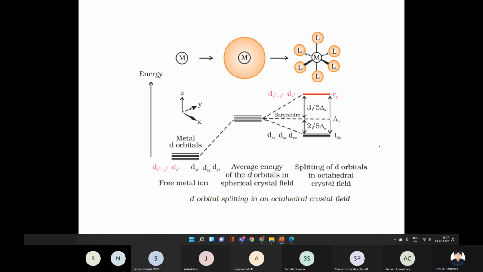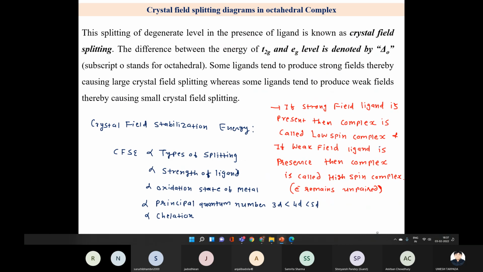Now see, the reason for the increase in energy is that the lobes of these orbitals are along the axis, and that's why they experience more repulsion, and because of the more repulsion they have more energy. Those orbitals whose lobes are away from, or in between, the axes have less energy.